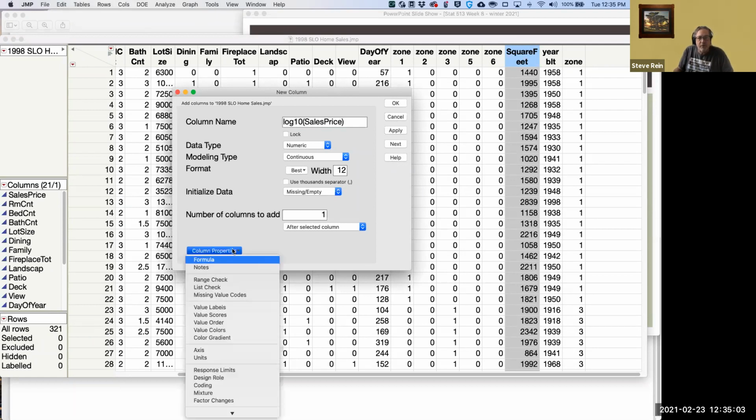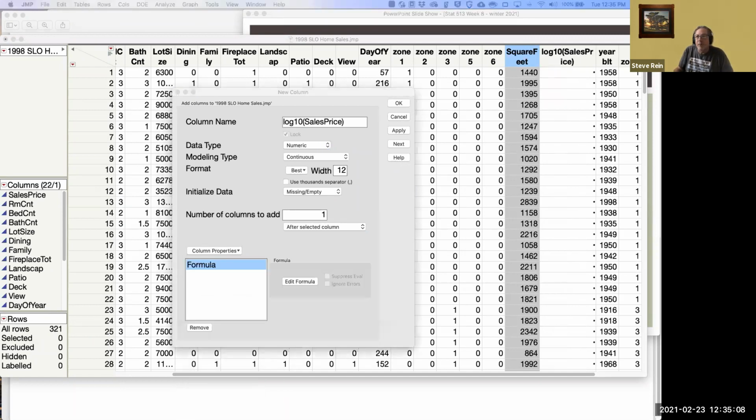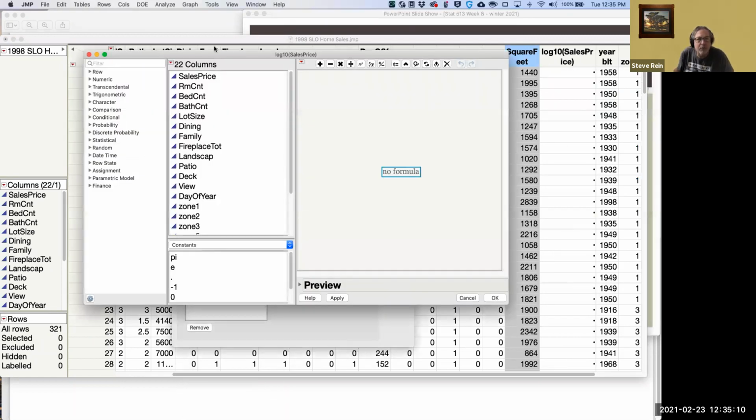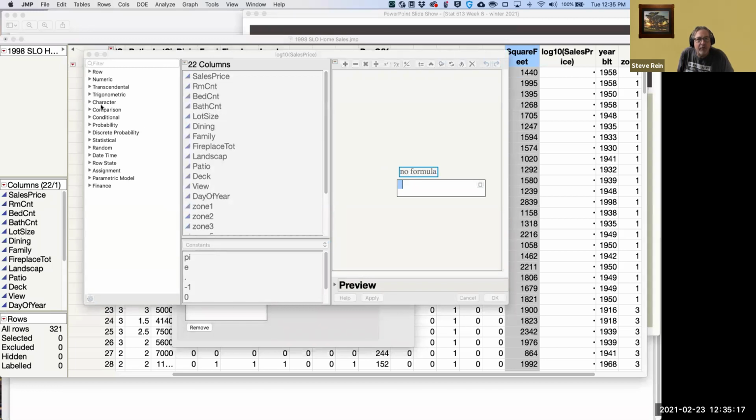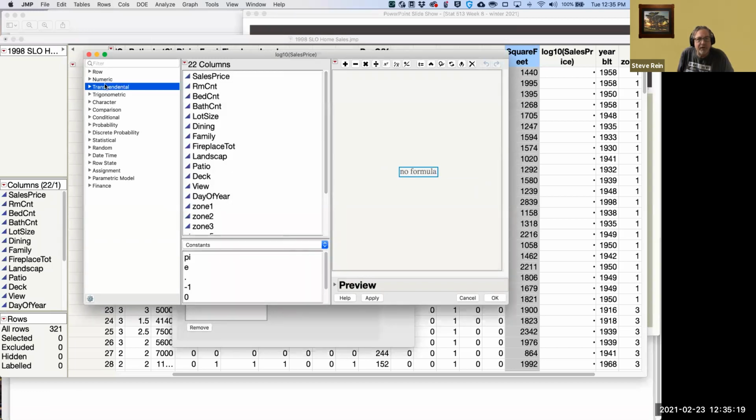Under column properties, I'm going to add a formula. That formula is going to be here. I'm going to use a transformation, the transcendental version, log base 10, of the sales price.